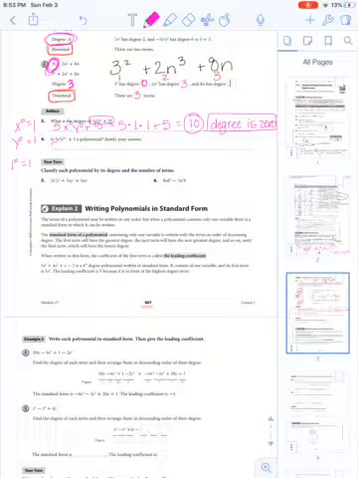Okay. Is 5x^0 y^0.5 plus 5 a polynomial? Justify the answer.